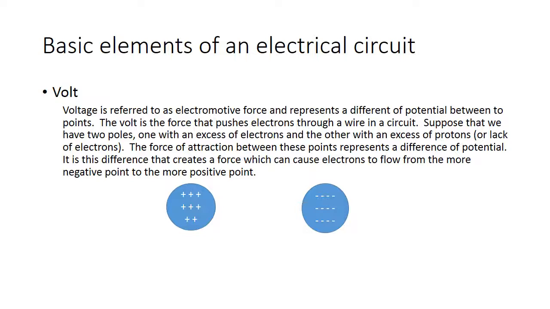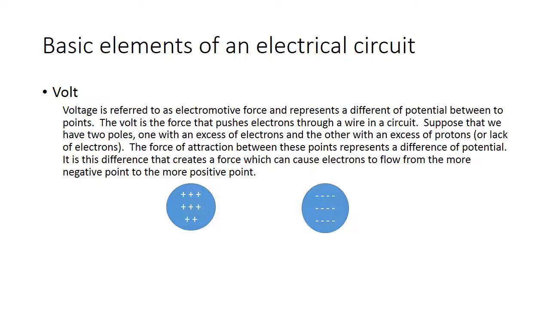It's not the movement itself, but rather it's the pressure or the force that causes electricity to flow. And you can kind of see from my illustration here, one pole has an excess of electrons and the other has an absence of electrons, and this creates a force that, when you provide a path for electricity to flow, this force or difference of potential will cause electricity to flow.